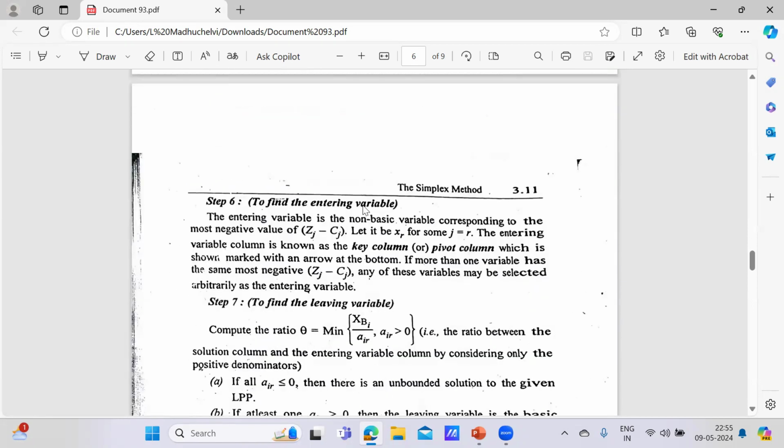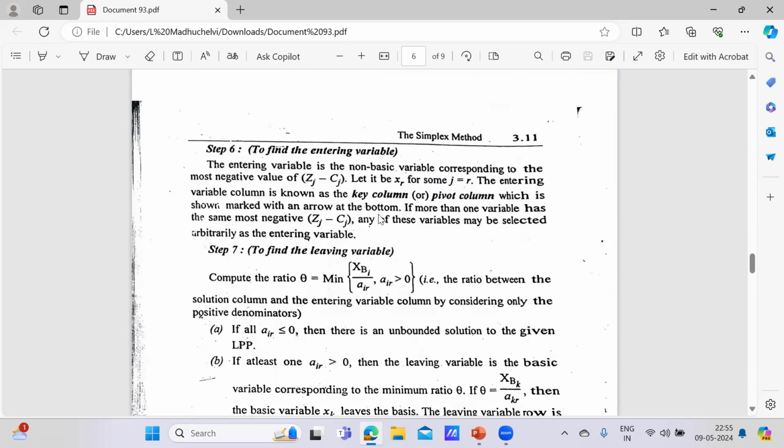In step 6, we have to find the entering variable. The entering variable is the non-basic variable corresponding to the most negative value of Zj minus Cj.